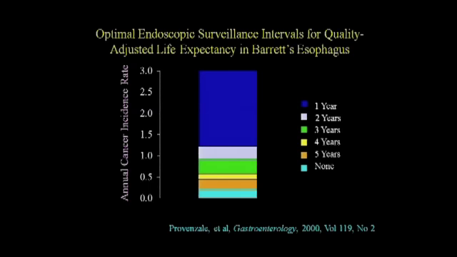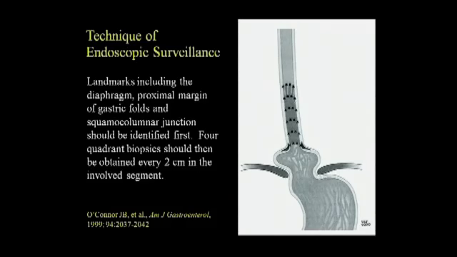Following someone with short segment Barrett's esophagus is not the same as following someone with 12 centimeters of Barrett's esophagus, or with a family history of esophageal cancer, or with other mitigating factors perhaps, or someone who's had dysplasia sometime in their past. So I would encourage you all to consider the individual patient factors into that 3-year mark, because if you surveil everyone every 3 years, I think that's probably too long.